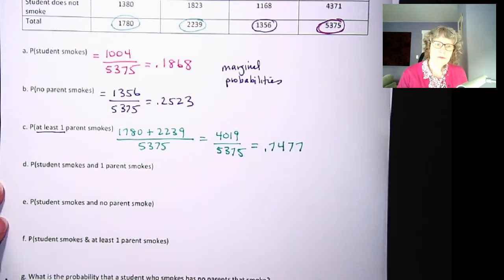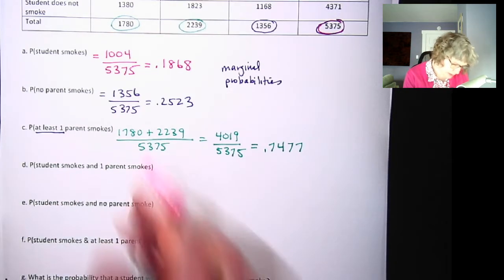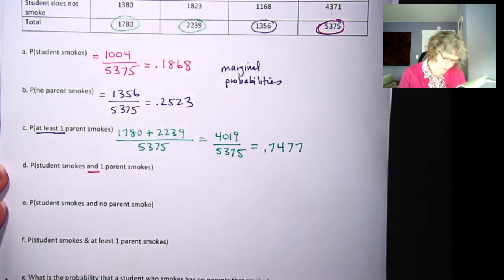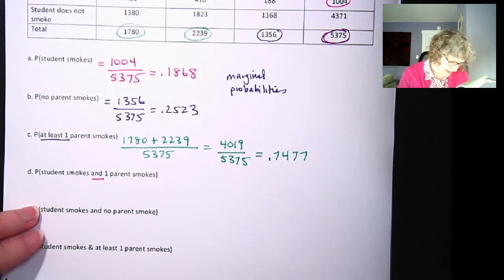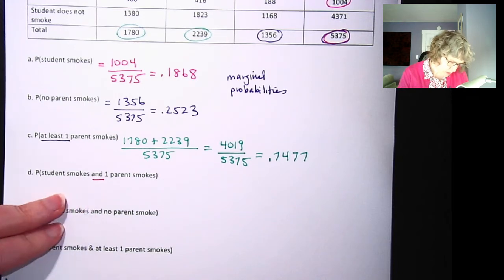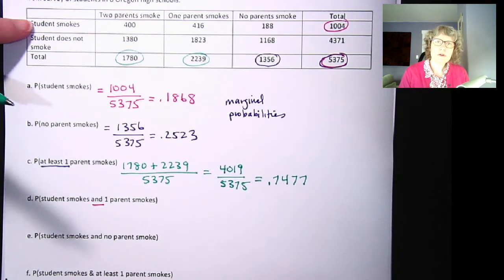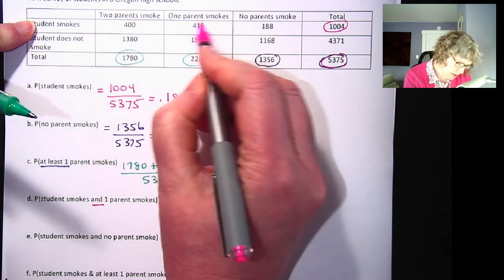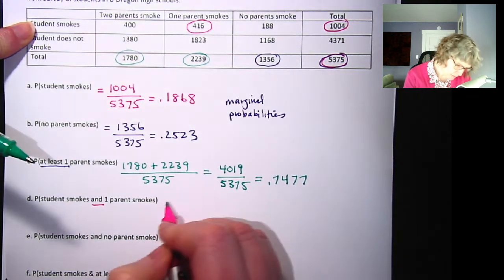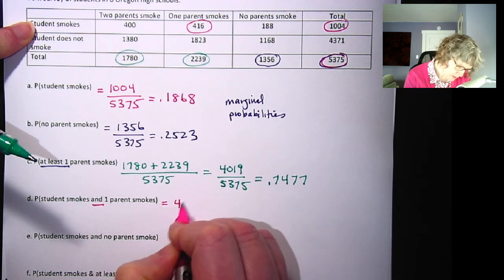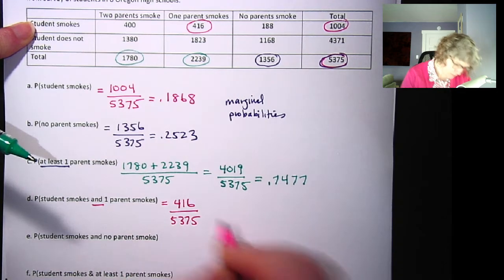Probability student smokes and 1 parent smokes. Now we're getting into a different type of probability. Remember what the and probability is called? Student smokes and 1 parent is an intersection. That's going to be 416 out of 5375.